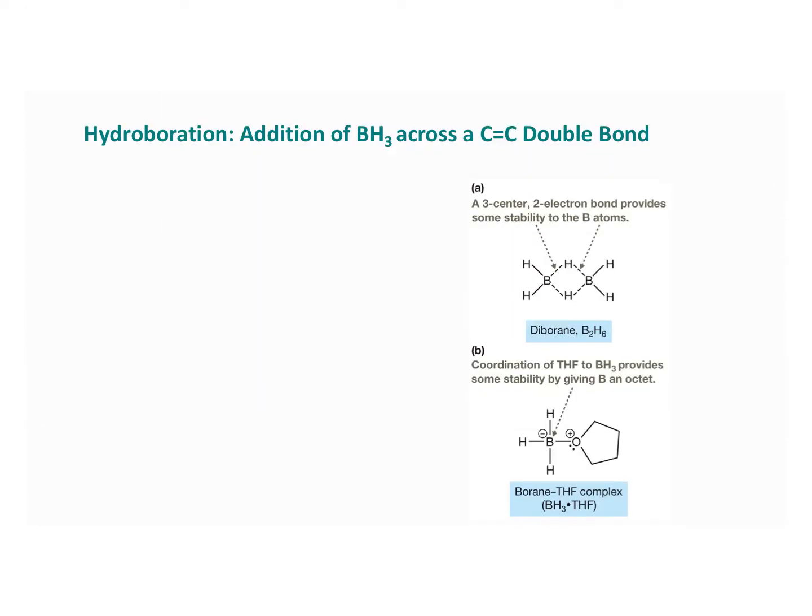Now, in the hydroboration of an alkene, borane, which is BH3 here, effectively adds across the carbon-carbon double bond. The hydrogen adds to one carbon and the BH2 adds to the other carbon. So that's the reactive species in this hydroboration of an alkene.